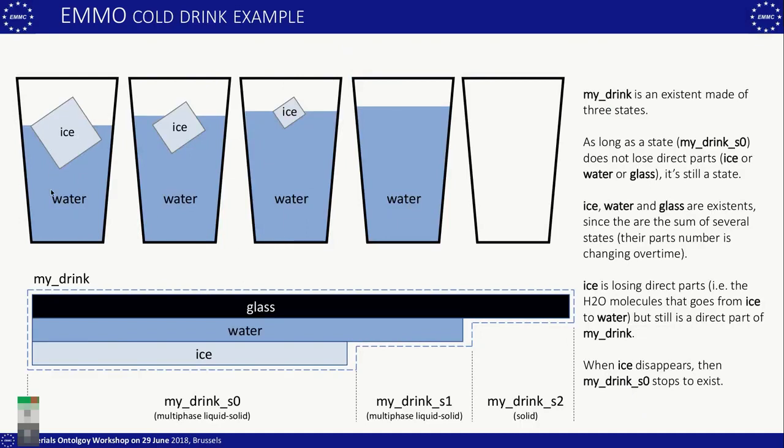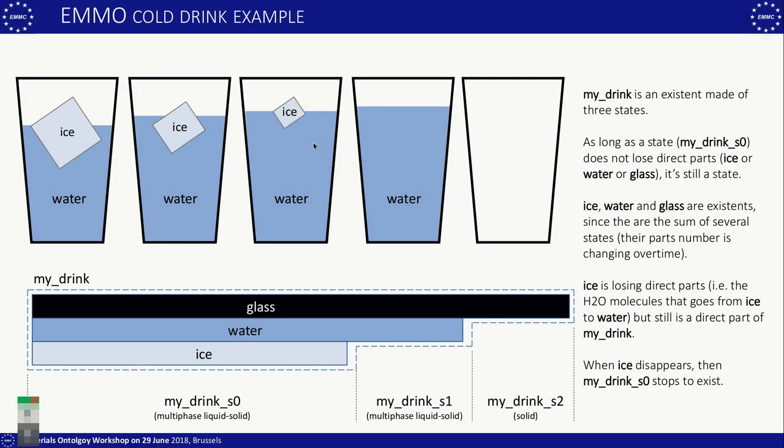For example, here you have a glass with water and ice. My drink is an existent, made of three states: water, ice, and glass. As long as a state does not lose direct parts, ice or water or glass, this is still a state. Ice, water, and glass are existents since they are the sum of several states. Their parts number is changing over time.